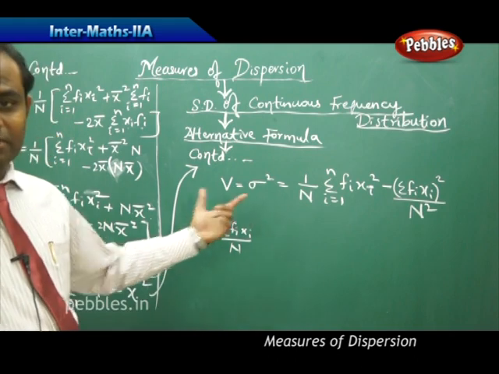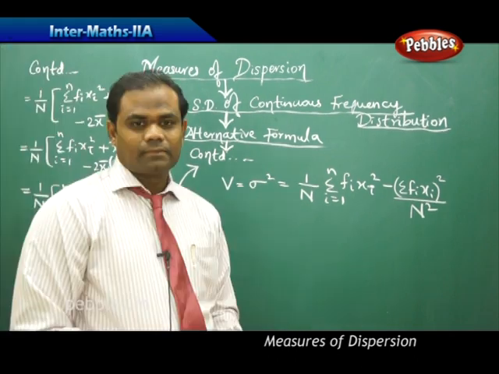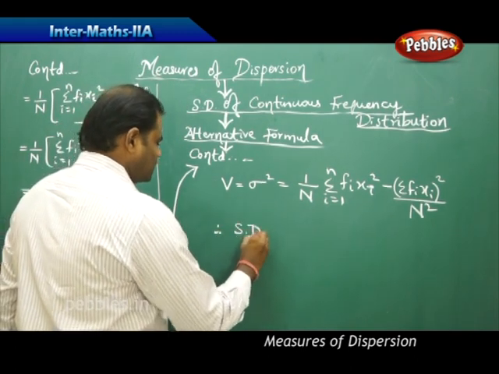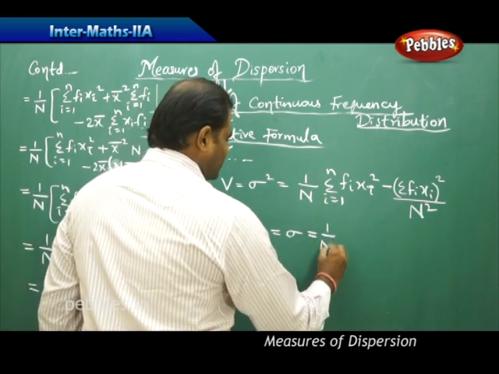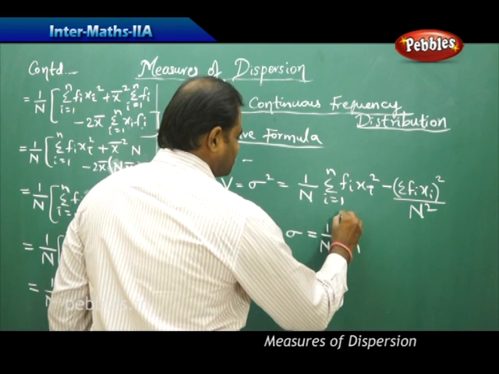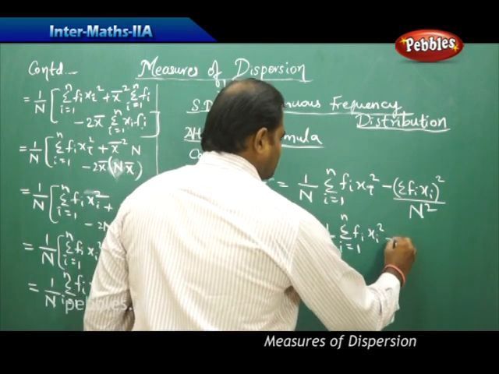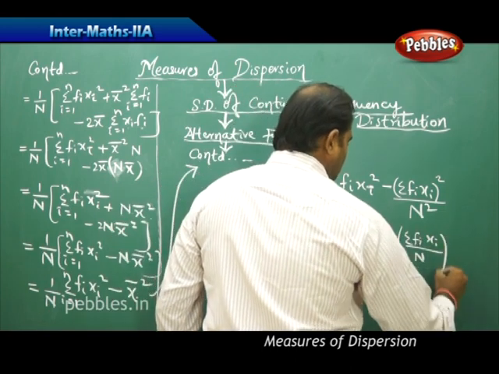Now let's see how the standard deviation is obtained from the given formula. The standard deviation in its alternative formula, denoted by sigma, is the positive square root of 1 by n summation i running from 1 to n fi xi square minus summation fi xi by n whole square.